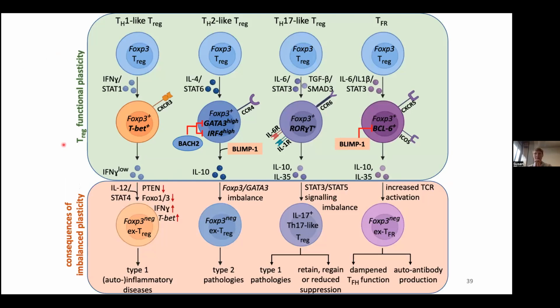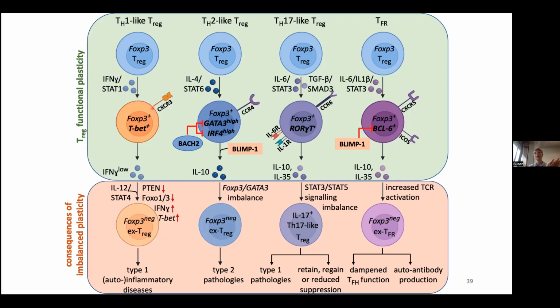So this is all very relevant in the context of Treg functional plasticity, and I'm just going to spend the last couple of minutes on that. As I mentioned, Treg can, when they receive certain pro-inflammatory signaling similar to the signaling that the respective T helper cell type would require for its polarization, polarize into a TH-like Treg, which is what we call functional plasticity.